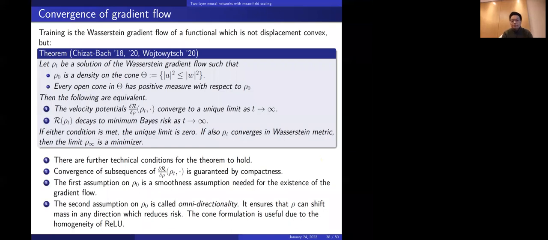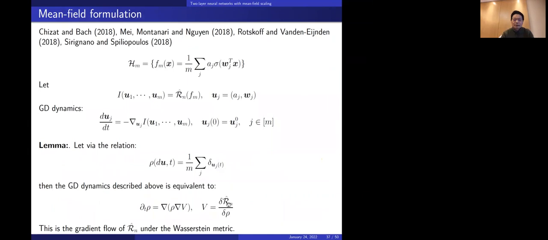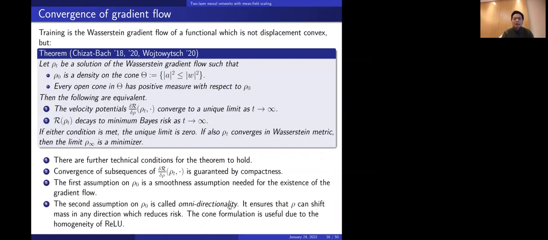And that so far has not been very successful, basically because these functionals, these objective functions, are not displacement convex. Whatever that means, it's not important if you don't know what displacement convex means. But because of that, we cannot directly use the results from optimal transport.